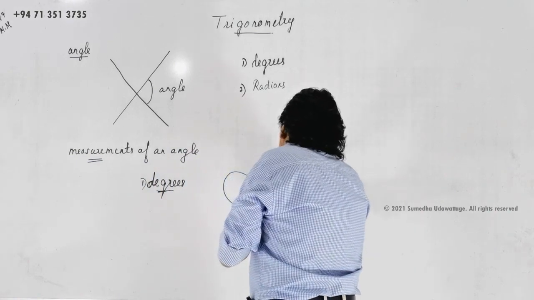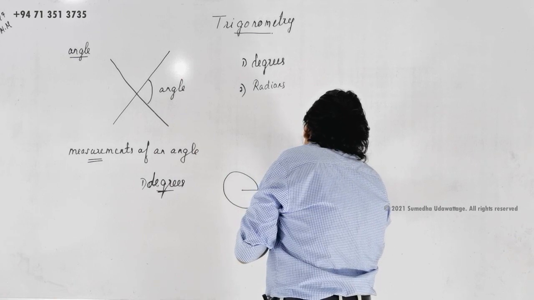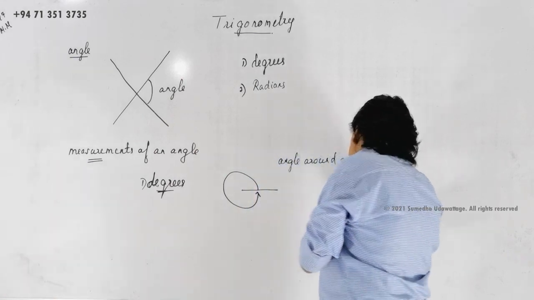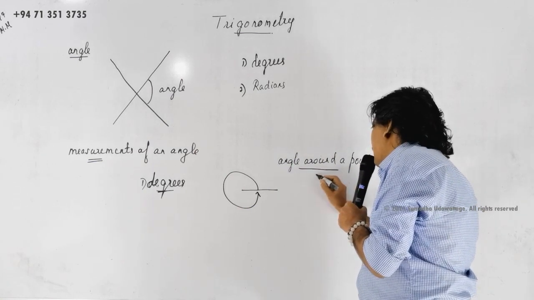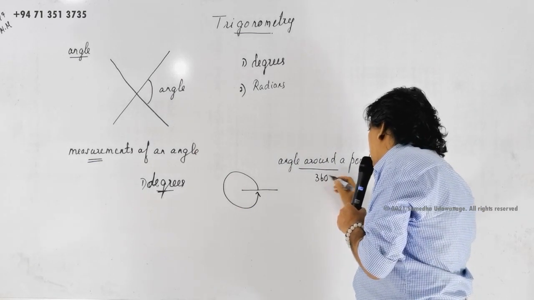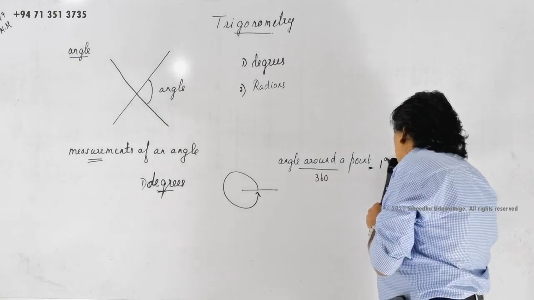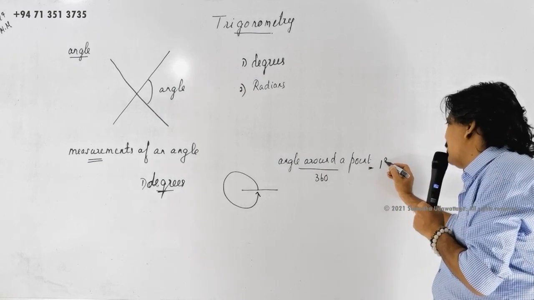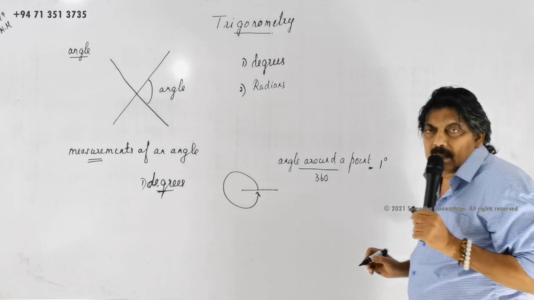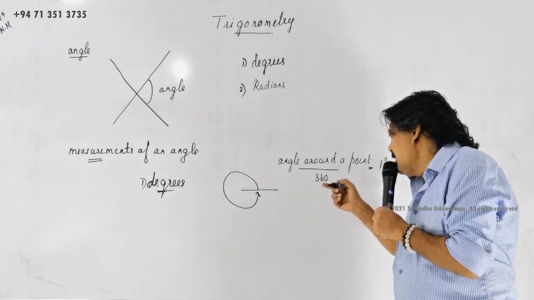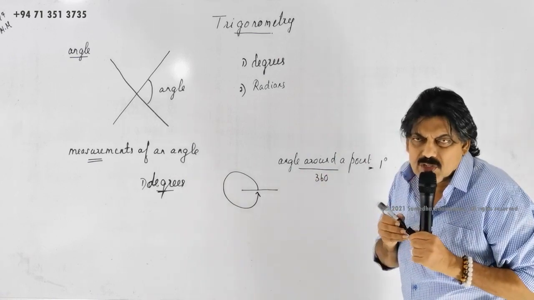The angle around a point divided by 360, you take it to be 1 degree. To denote degree, you put a small circle-like symbol here. 1 degree. Then you may ask me how and why you divide by 360.